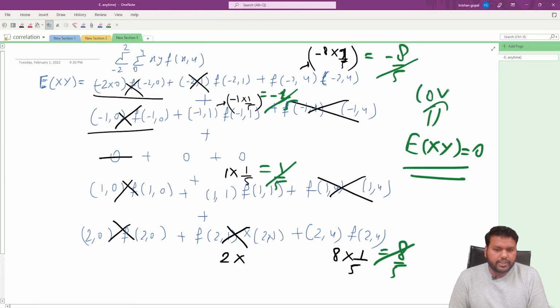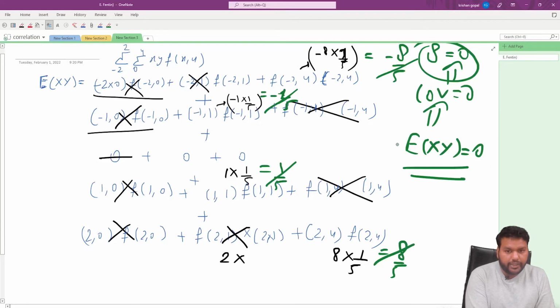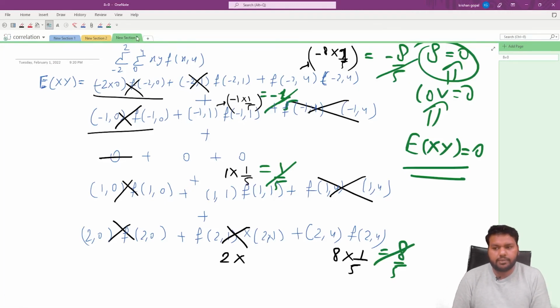Your covariance is 0, which implies your Pearson correlation coefficient is 0. But initially we proved that the two random variables are not independent, yet their correlation coefficient is 0. So if the correlation coefficient is 0, it does not imply the two random variables are independent. That is what we proved in this example.